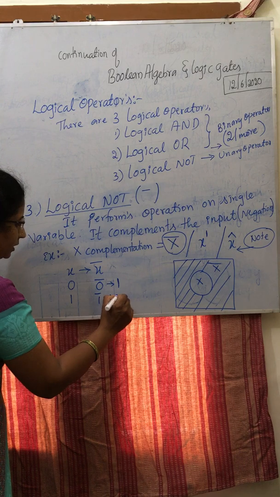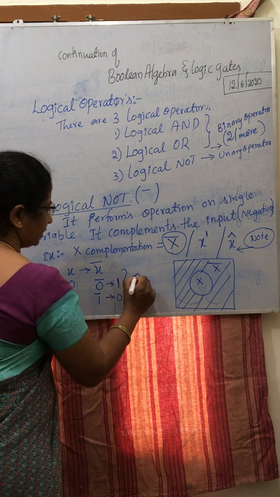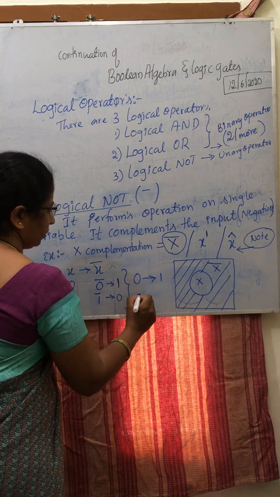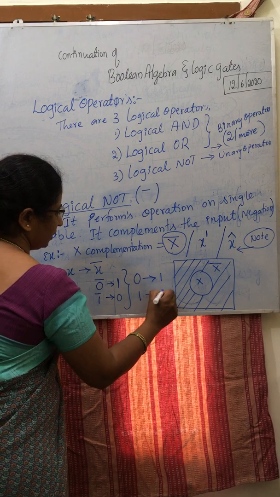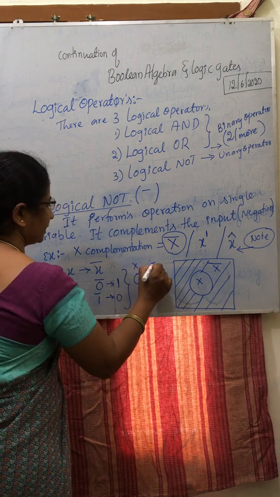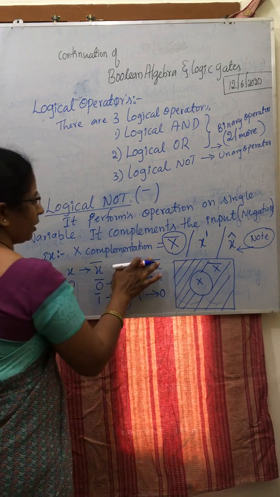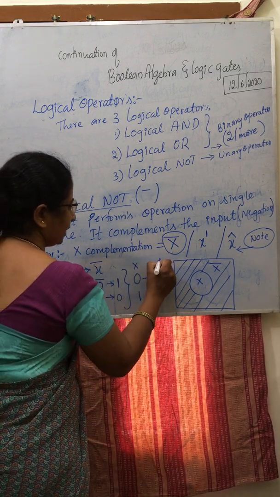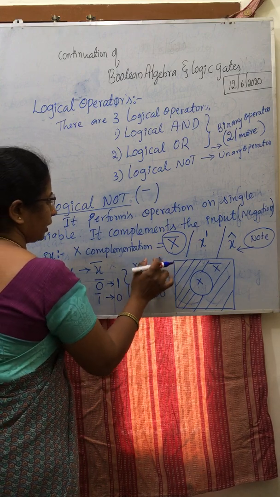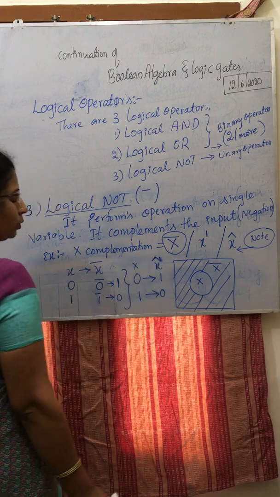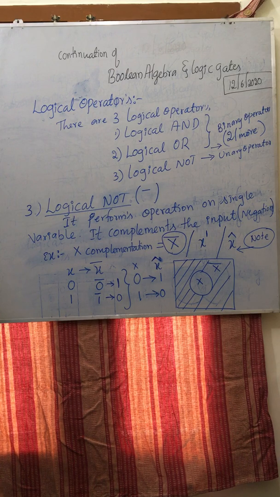That is called 0. That means 0 is nothing but 1, 1 is nothing but 0. This is X. This is X bar. That X bar can also be written like this. It also can be written like this. All three are the same. Hope you understood.